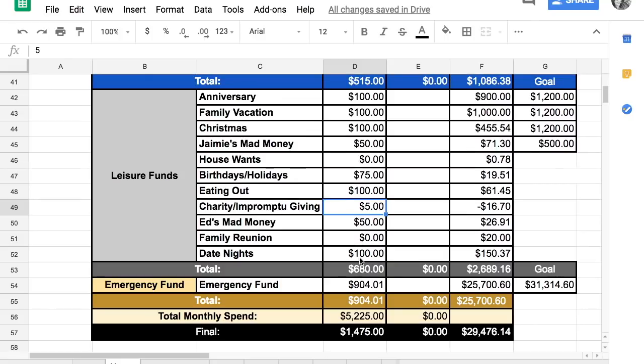Charity and impromptu giving. I will be participating in a collaboration where we are going to be doing some impromptu and charity giving. I guess it's not really impromptu. We're just going to think of ways to give in November.